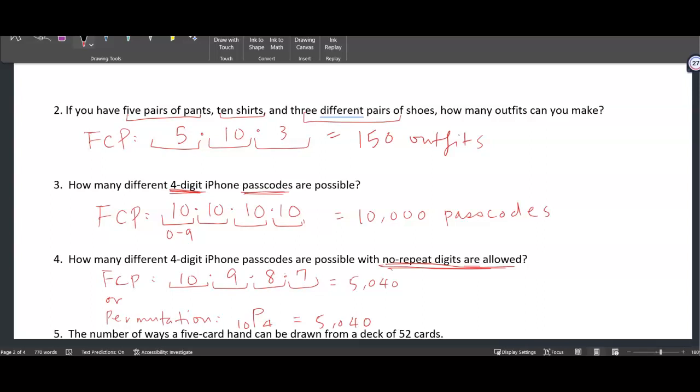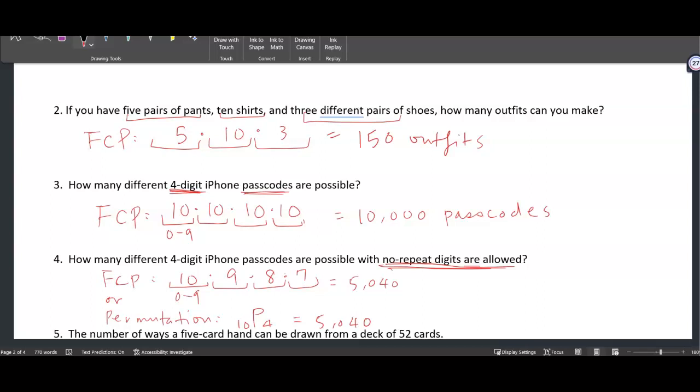So for the first digit, you have 10 choices, 0 to 9, and you lose a choice in the second task when you are pressing the second digit, because you cannot reuse the one that you pressed already in the first digit. And so you keep losing 1 choice. So it's 10 times 9 times 8 times 7.